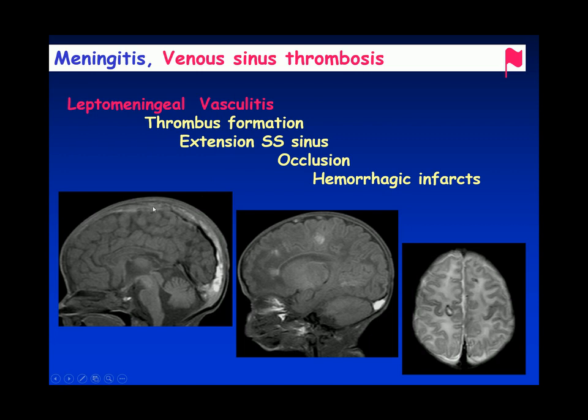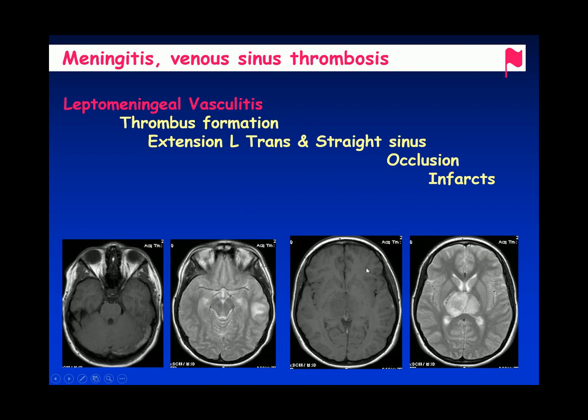You see this high signal intensity due to subacute thrombus and occlusion of the sinus, and hemorrhagic infarcts due to the occlusion of the sinus. Here you see the infarcts. There is a thrombosis of the superior sagittal sinus, and there are hemorrhagic infarcts in the brain of this child.